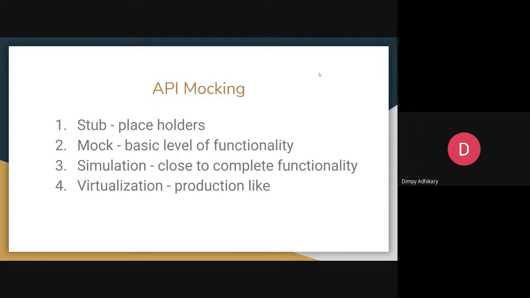But when I say simulation, you are considering everything: what will happen if the user sends a different query parameter, what will happen if the user is sending wrong payloads. So all combinations, all positive and negative scenarios. This is a little tough to replicate in a complex API, but if you are able to do it, then we consider that a complete simulation of the API.